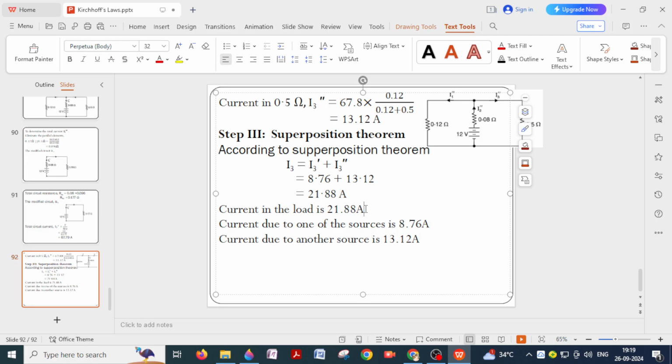In the question they have asked us to determine the load current, that is 21.88, and the current due to each source. Due to one source it is 8.76, due to the other source it is 13.12 amperes.